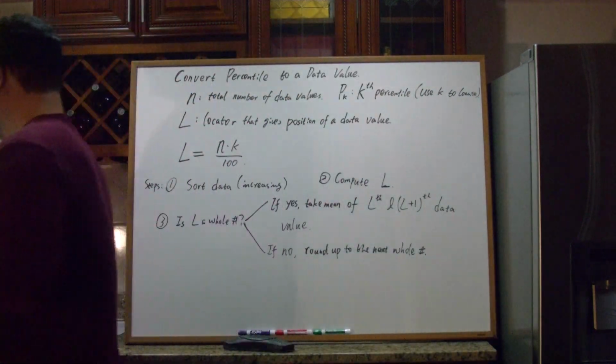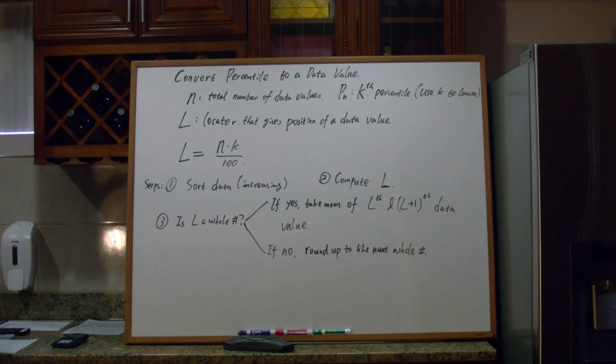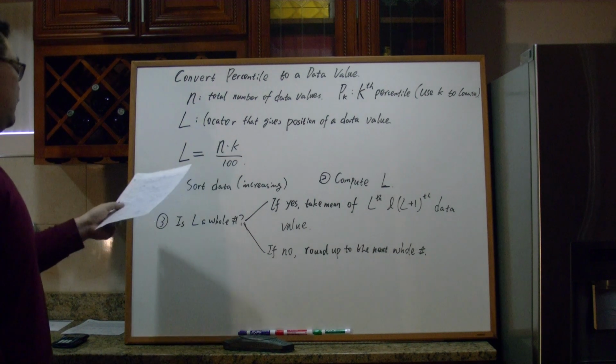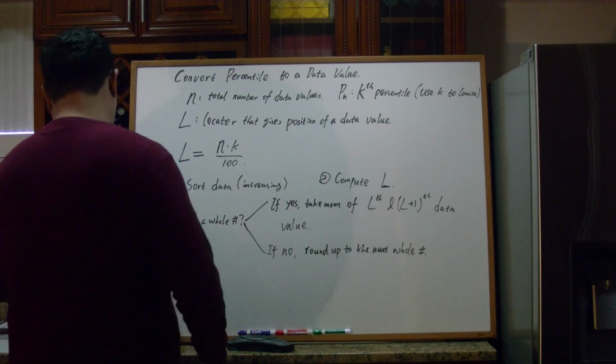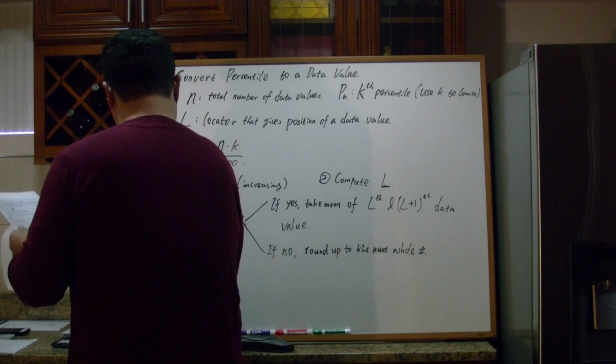Right, if we get a decimal, no matter what it is, we will round up to the next whole number. That's what we do for finding the values. And at the end we have the interquartile range.